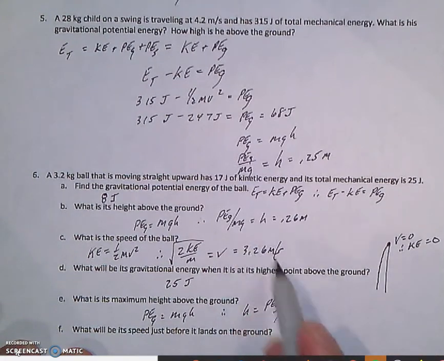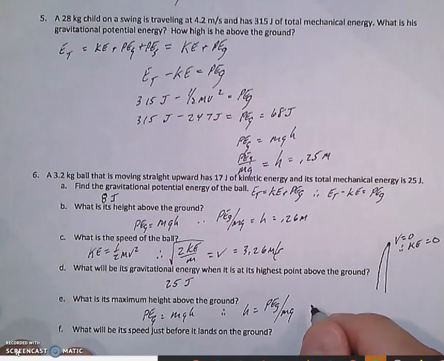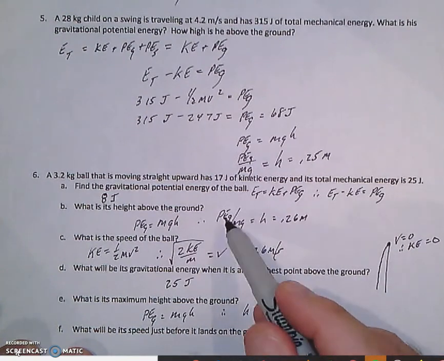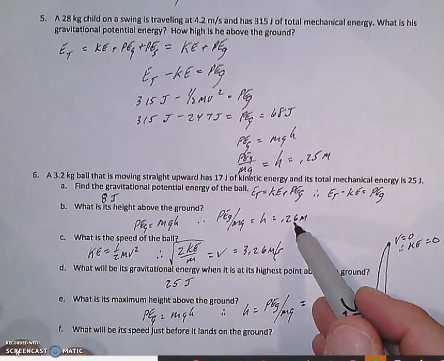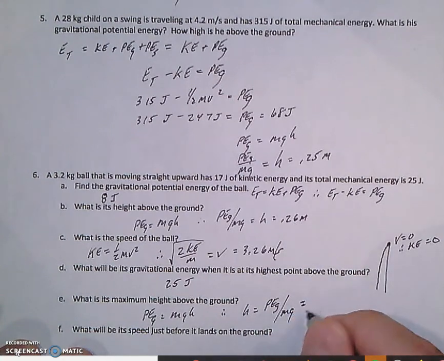Same thing as up here, except now we've got 25 divided by 3.2 times 9.8. So instead of 8, we've got 25, so it's roughly 3 times higher. If you plug those numbers in, you get 0.8 meters as your height.